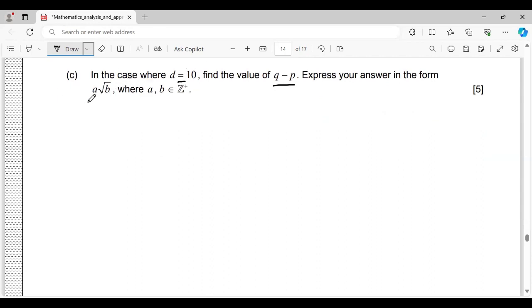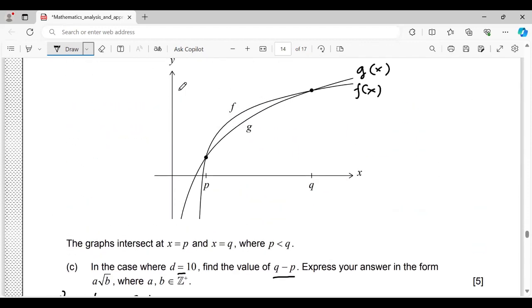Yes, d equals 10. From part B, we have an equation x squared minus 2dx plus 9d equals 0.